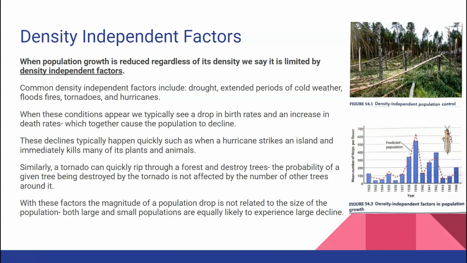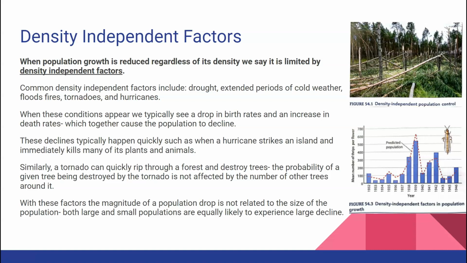When population growth is reduced regardless of the density of the population, we would say that the population is limited by density independent factors. Common density independent factors would include droughts, extended periods of cold weather, floods, fires, tornadoes, and hurricanes.